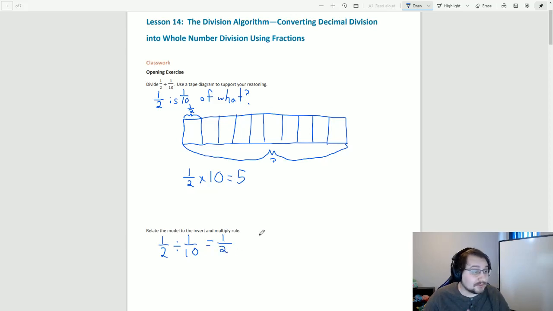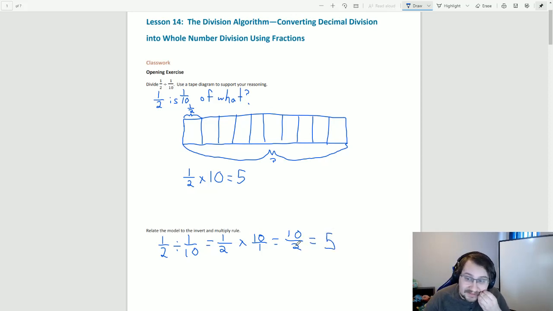I invert or flip over my second fraction, and then I change it from division to multiplication. So when I do this, I get 1 times 10 gives me 10. 2 times 1 gives me 2. So I get 10 divided by 2, or otherwise known as 5.